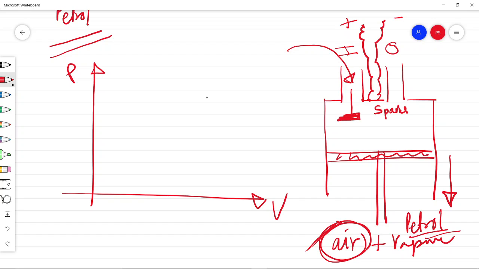This process is called suction stroke and is represented by this arrow from point E to point A. So this first stroke is called suction stroke, which sucks in the air and petrol, that is the fuel, into the cylinder. During this process, the outlet valve is kept closed.